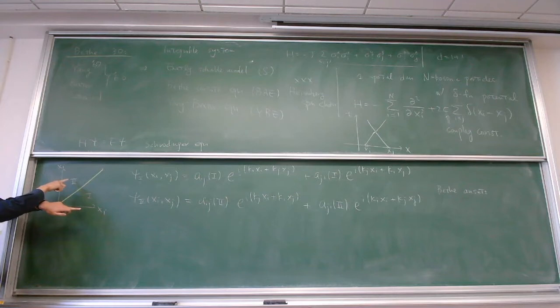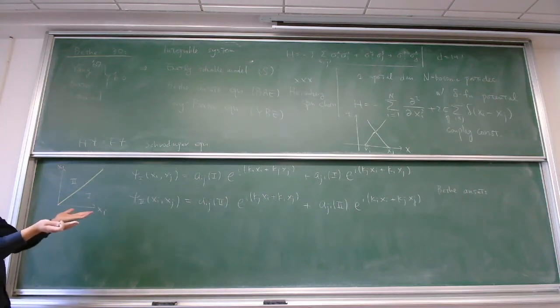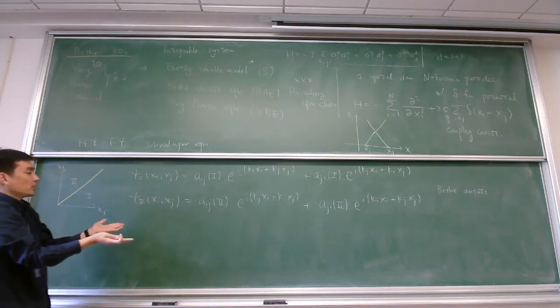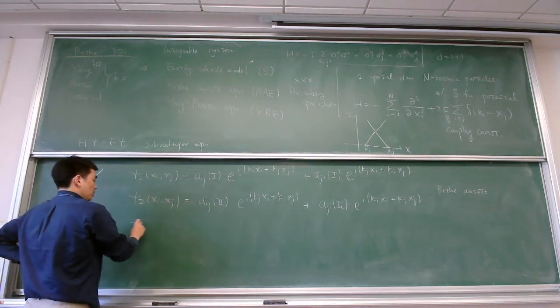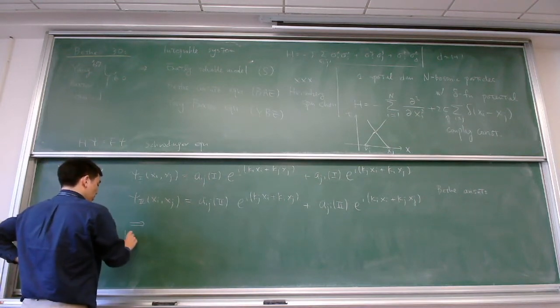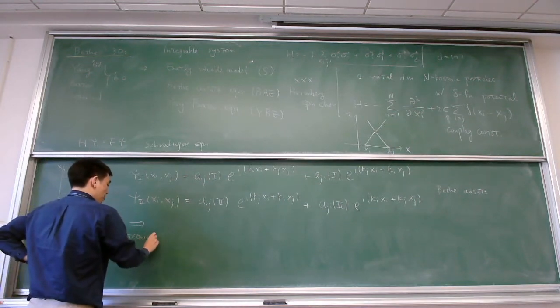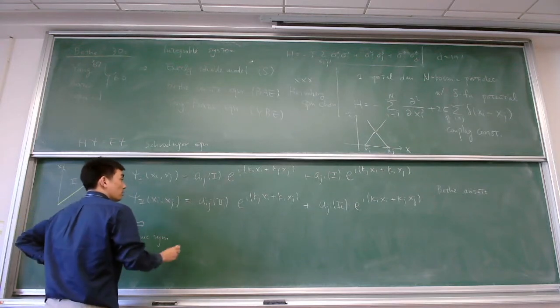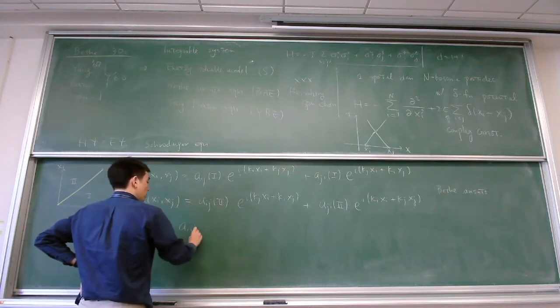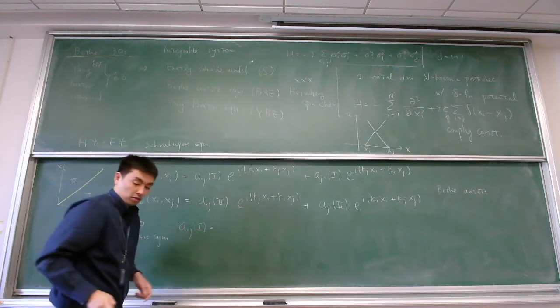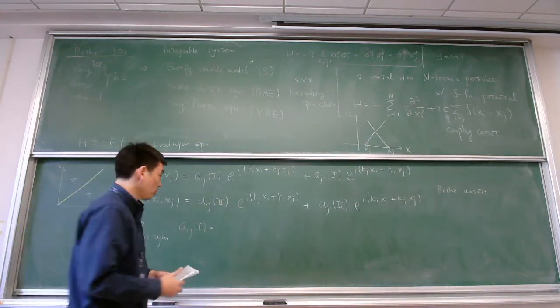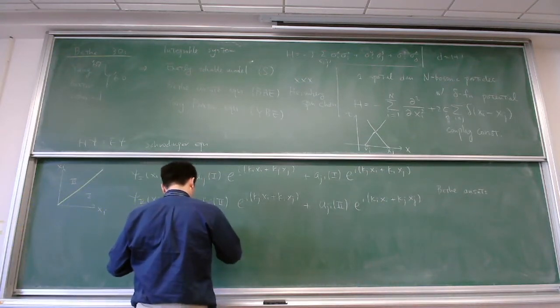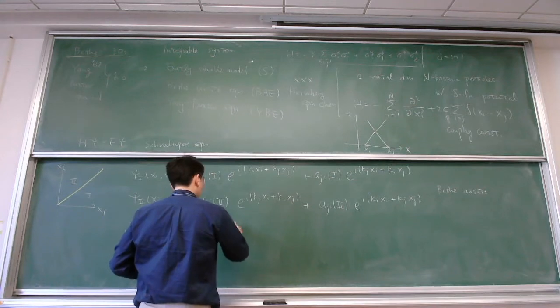But the system should be symmetric under this exchange. So therefore, the bosonic symmetry tells you A_ij of 1 is equal to A_ji of 2.